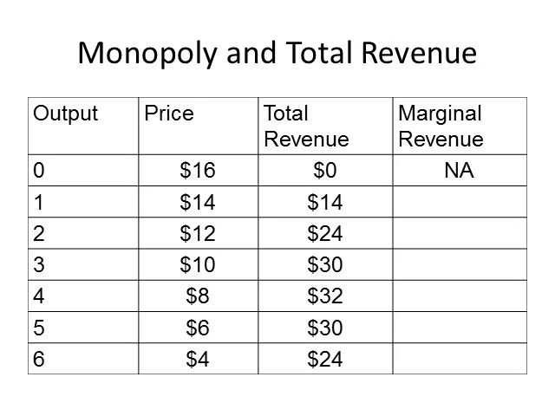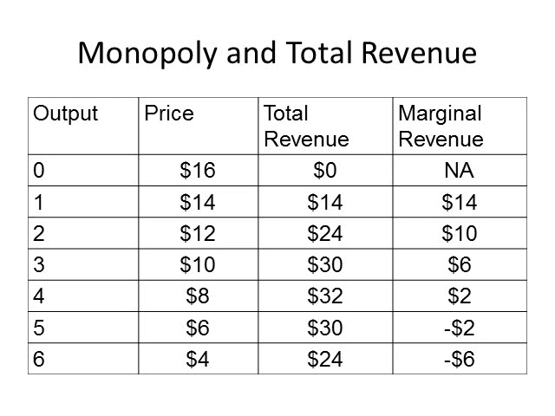Here's a monopolist's production, price per unit, and total revenue. Remember, the marginal revenue for production of 0 is always NA. Using the formula, the other marginal revenues are calculated. So when the monopolist produces 1 unit of output, it is $14. When the monopolist produces 2 units of output, it's $10.